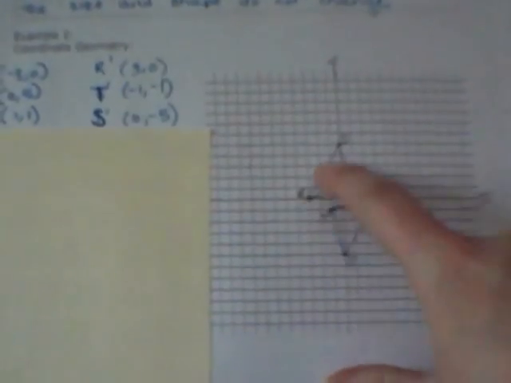What you've got to do is list all of your ordered pairs. I named them R, S, and T. You've got R at (-3, 0), S at (0, 5), T at (1, 1), and then R prime, T prime, and S prime and their corresponding ordered pairs.